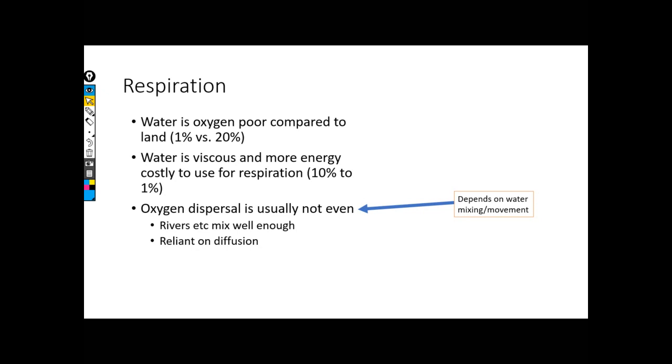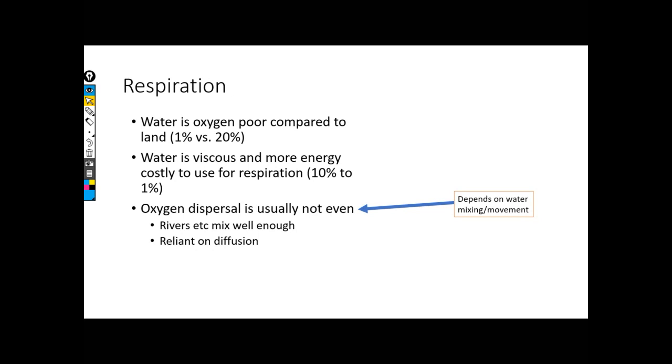Now, if we consider something like a river, that's splashing and mixing and churning, literally swirling water, something like that might have some more oxygen. So it's going to be very water dependent. But in general, it's very hard to get oxygen into water, and it's super hard to get oxygen into water evenly.